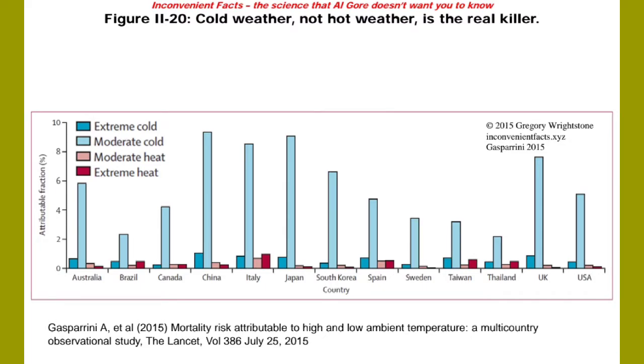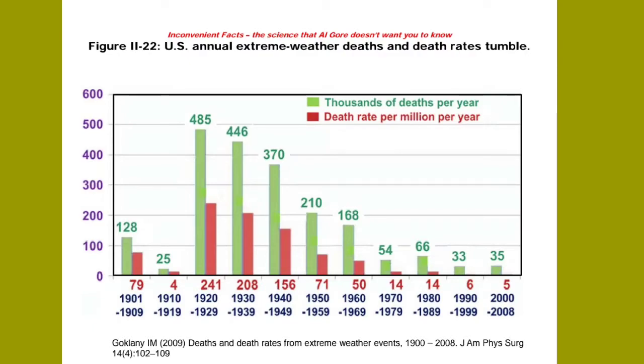This is important to add, and there has been a lot of mention of this in recent years. Extreme heat does kill people. I'm not trying to say that it doesn't, but we're going to circle around to some more data on this in a little bit. Annual extreme weather deaths and the death rates are tumbling.